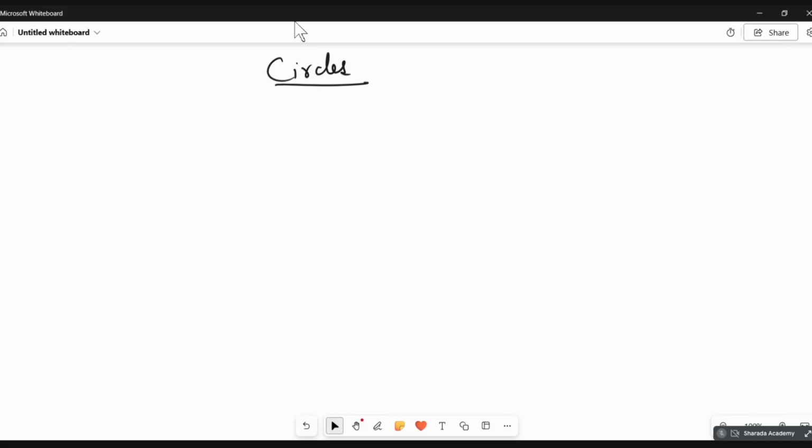So it is a very important concept which we use here. So what is a tangent? Tangent is a line which touches the circle at only one point.